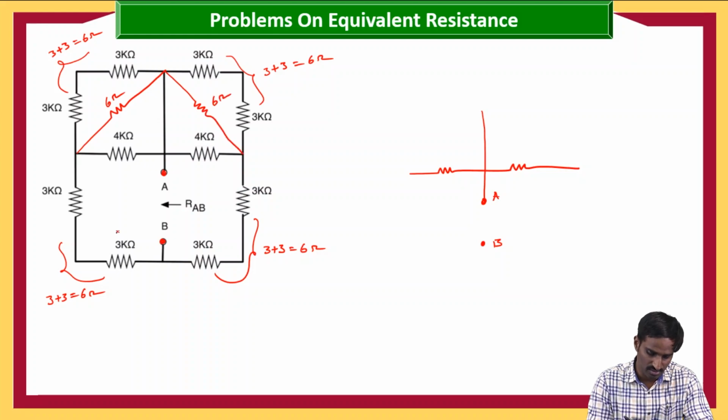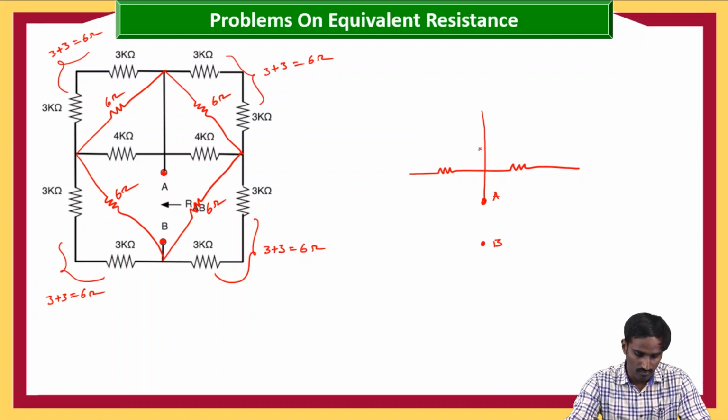Here it is 6 ohms. And these two can also be replaced with one resistor. Here it is 6 ohms. And these two, here it is 6 ohms. Sorry, not these two, these two. Here it is 6 ohms. And again these two also, here it is 6 ohms.